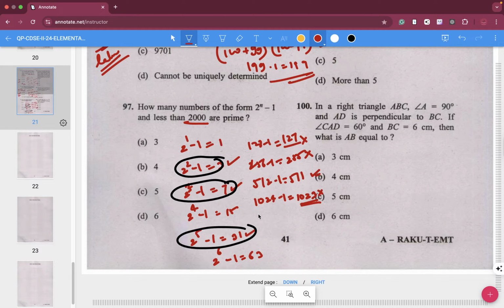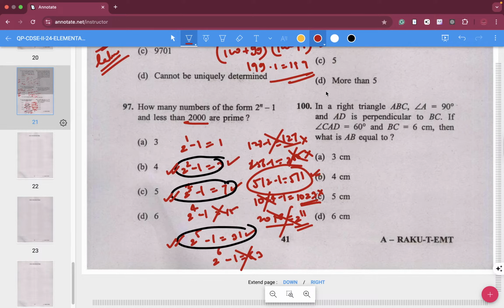And double of 1024 will be 2048, which is basically 2 raised to the power 11. So we have already got 3 prime numbers, which are 3, 7 and 31. Now you have to check for 511, is it a prime number? This is not a prime number, this is not, this is not, this is more than 2000, not a prime number.